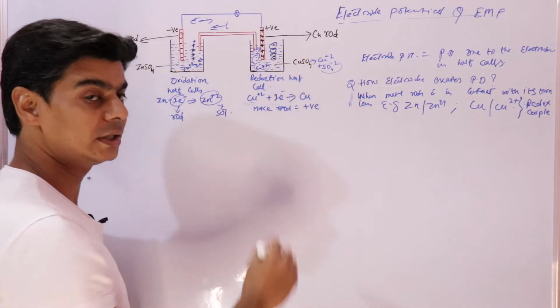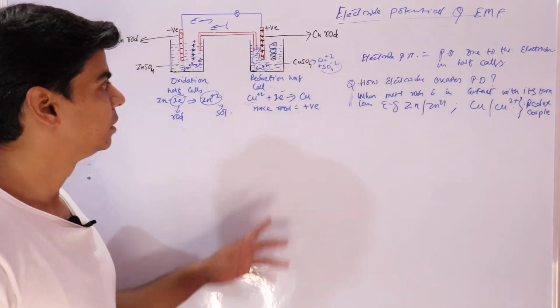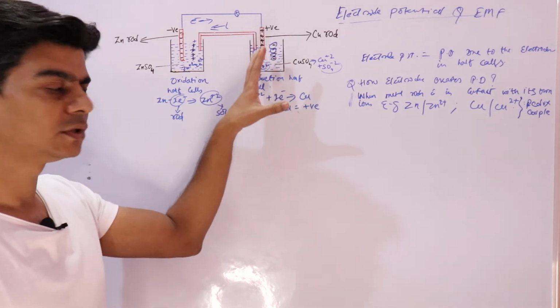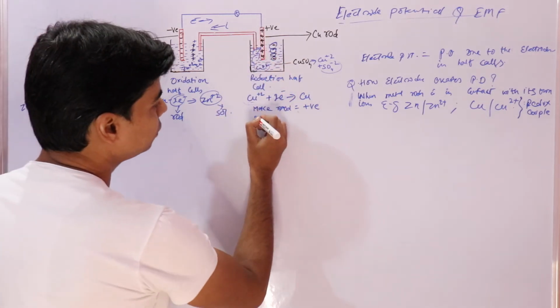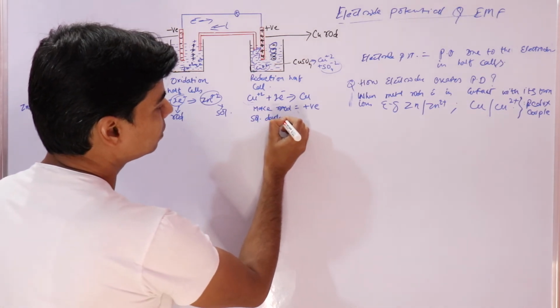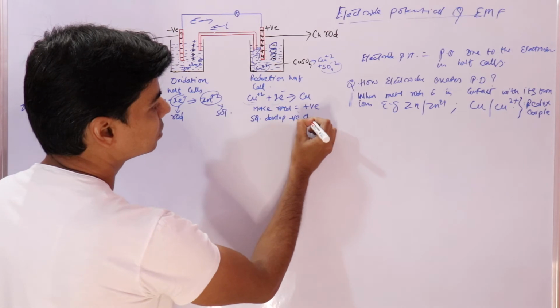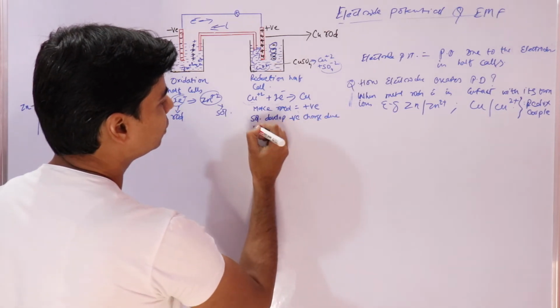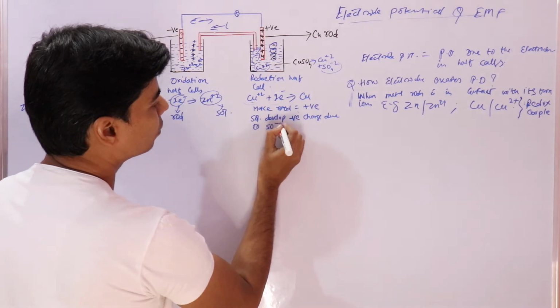There would be a polarity that will be developed, right? A negative solution will develop a negative charge, right? So the solution will develop negative charge due to sulfate ions.